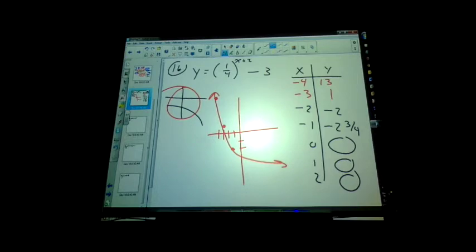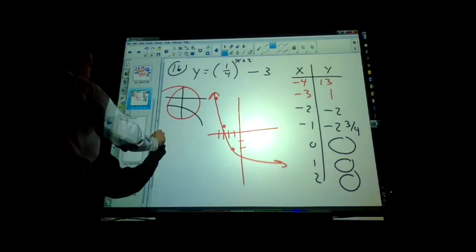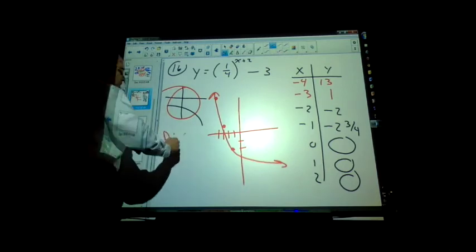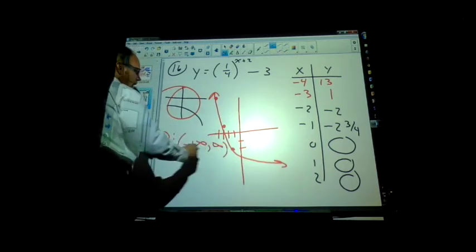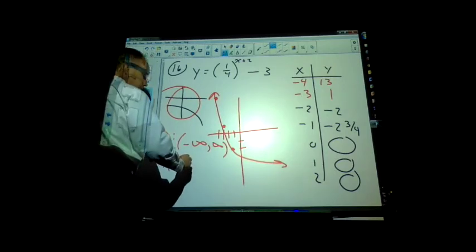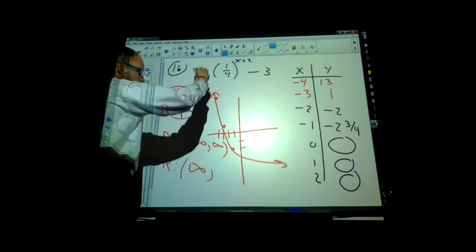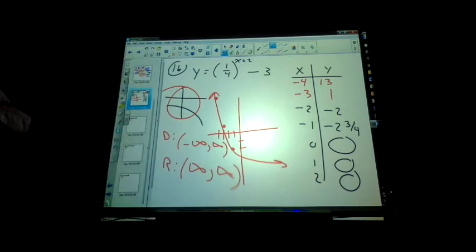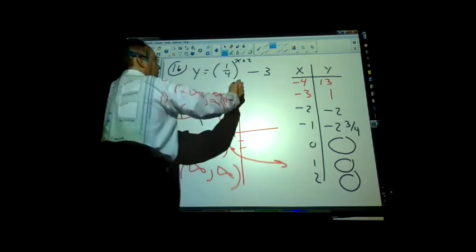We okay with this problem? Oh, what's the domain? Negative to positive infinity. Love it. What's my range? So it's positive infinity to where? Hey, what is my horizontal asymptote?